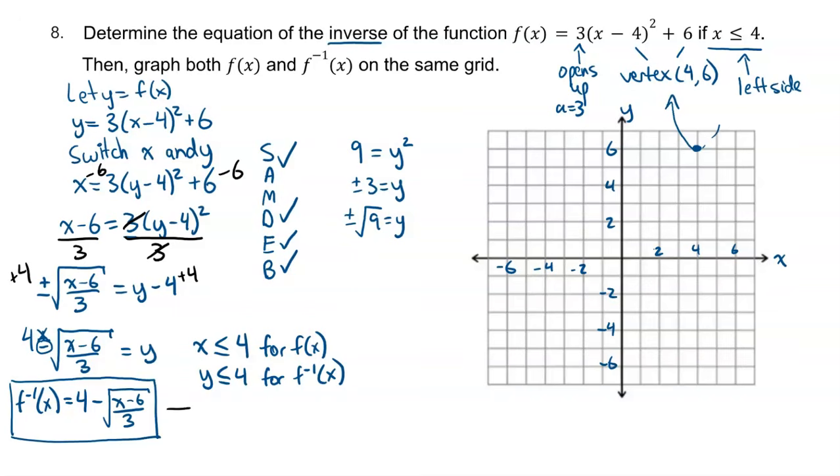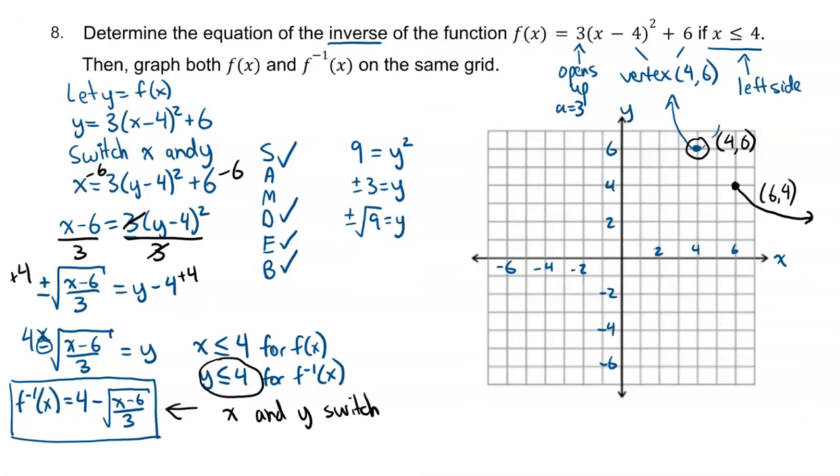So what we're going to do now is when we go to graph the inverse function, rather than trying to graph something with a radical in it, we're going to use the property that the x and y coordinates just switch. So the vertex of the original function f of x was 4 and 6. So that means that the coordinates of the vertex of the inverse function is going to be 6 and 4. And so swapping those around gives me that. And then also we had that y had to be less than or equal to 4.